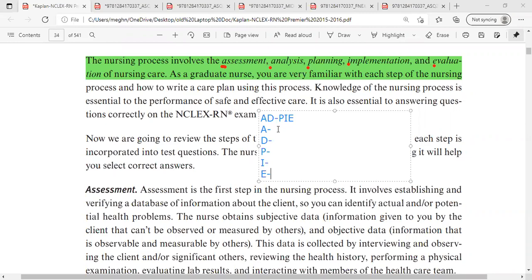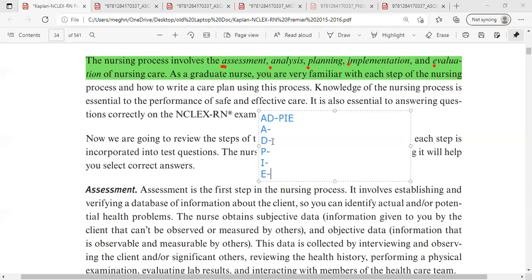Objective data means what you observe or can measure, like vital signs. Subjective data means symptoms experienced by the client. So when you get the data, confirm the data collection and also communicate about the information received for the assessment.